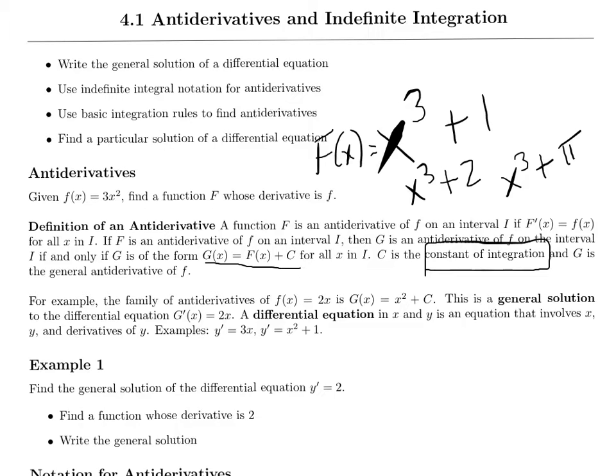In this example, x cubed would be our big F. It's an antiderivative, and then as we add a constant to it, we get our general antiderivative.